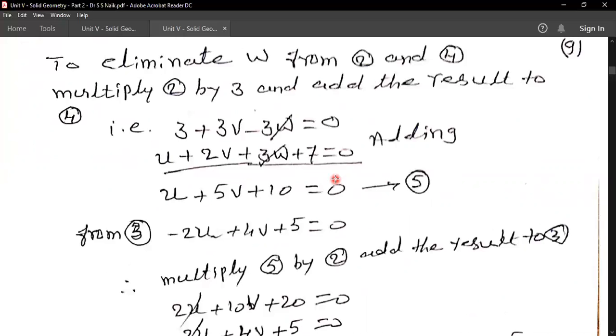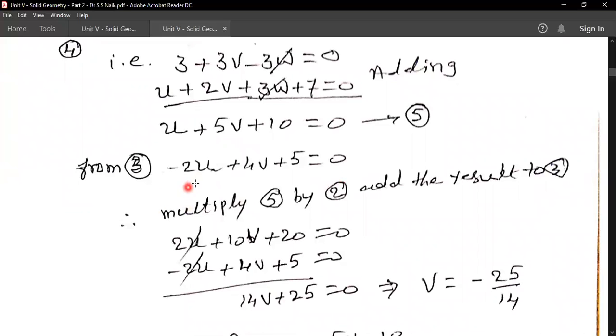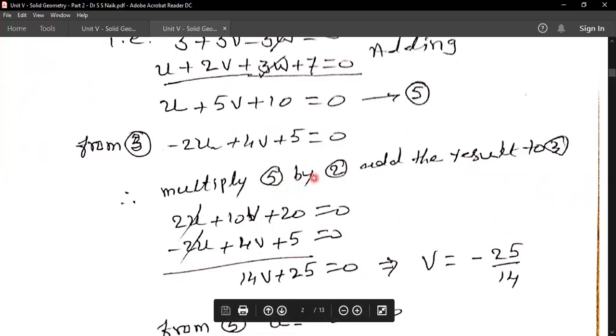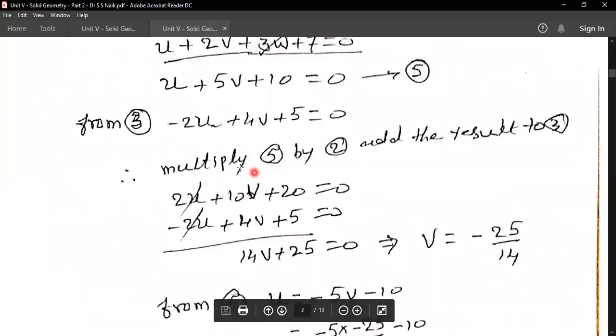Then again from equation number 3 we have minus 2u plus 4v plus 5 is equal to 0. Multiply 5 by 2 and add the result to equation number 3. So this equation becomes 2u plus 10v plus 20 is equal to 0. Then you get this equation, minus 2u plus 4v plus 5 is equal to 0.